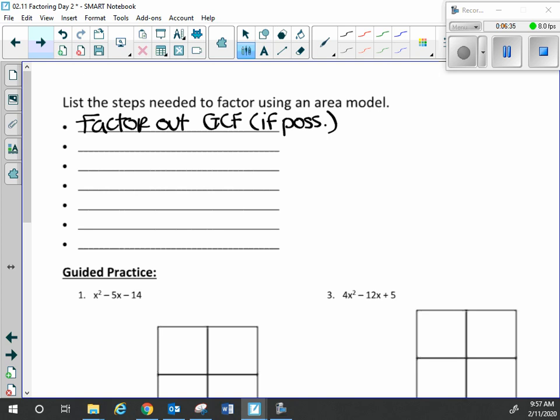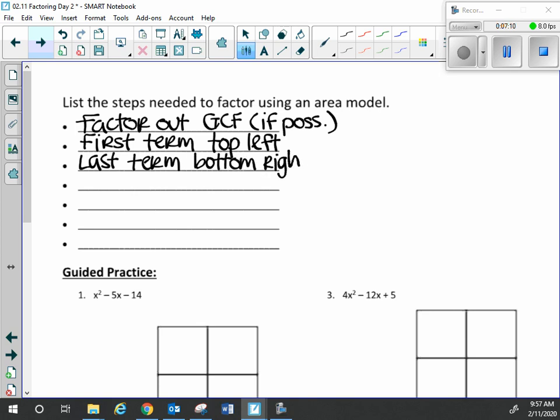What was the second thing that we did? You have your area model, and then you start with the first term. And then what did we do? Last term in the bottom right. Good. And then we did some fancy business to get the center.